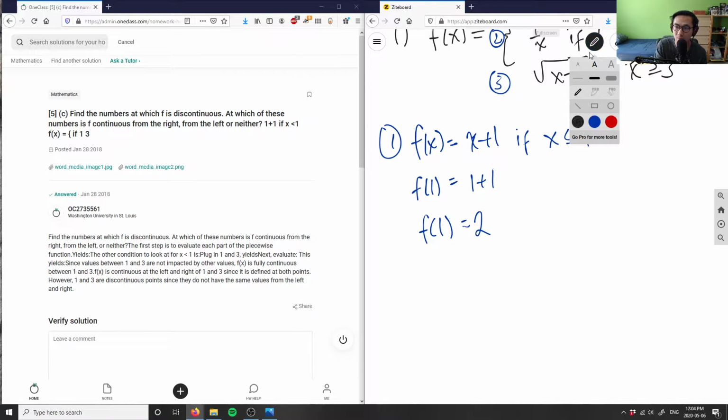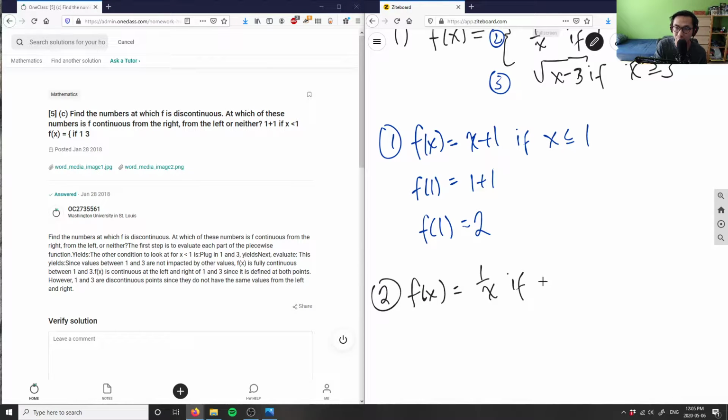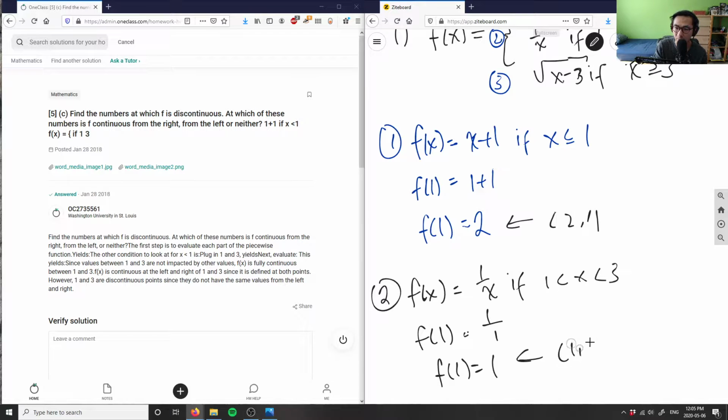My second function is 1 over x if x is between 1 and 3. Plugging in 1, f of 1 equals 1 over 1, which equals 1. As you can see, these are different points: I have a point here, which is (1, 2), and I have a point here, which is (1, 1).